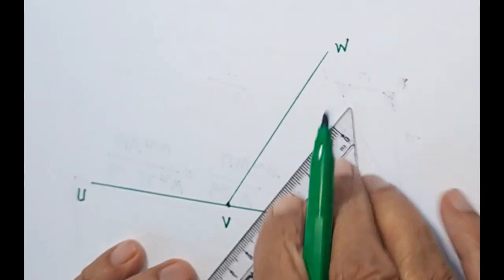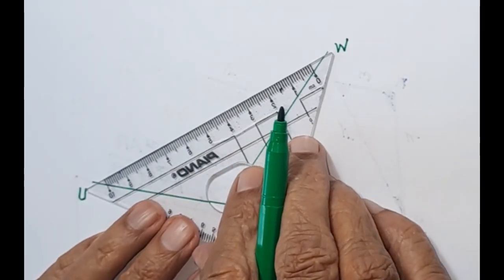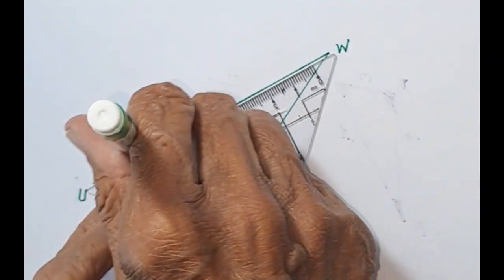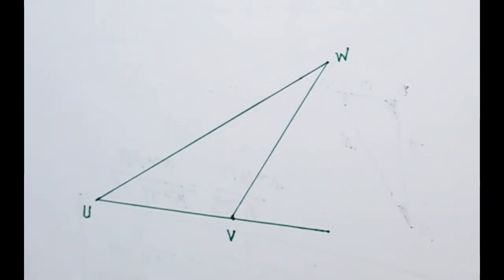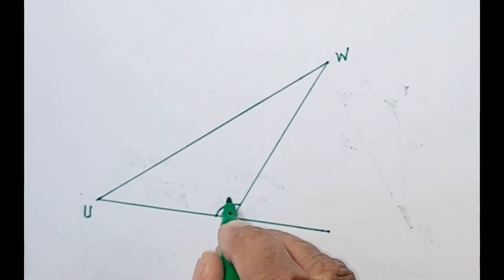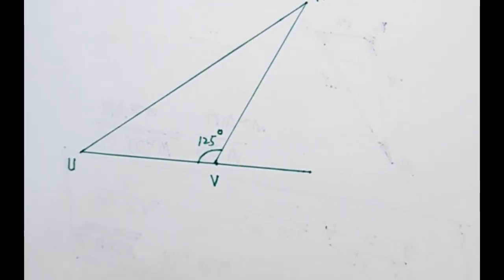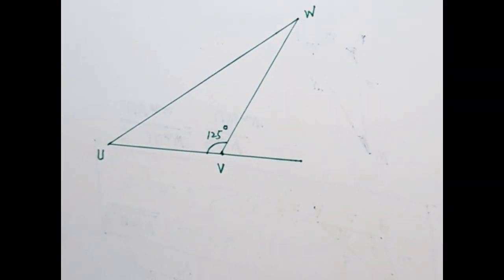And this is W, and we join this U and W as well. The triangle is made. When the triangle is made, this angle is 125 degrees.